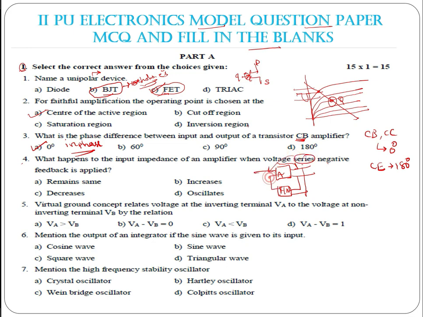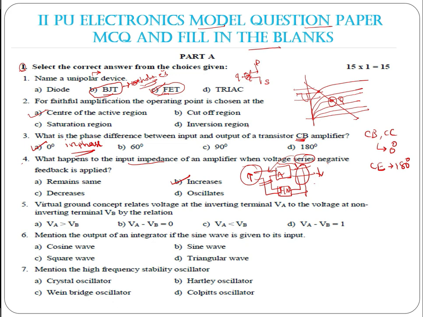It is mentioned as series, so it will come like this. And you know the basic thing: in parallel, impedance reduces; in series, impedance increases. Here input impedance is asked with voltage series negative feedback, so input impedance is increasing. If they ask output impedance, you can write it as decreasing.